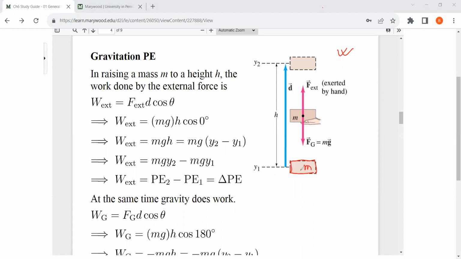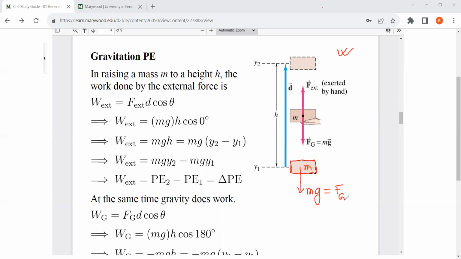Because it has mass, you know that it has a gravitational force or weight, and the weight is m times the gravitational acceleration. So when we have an object whose mass is m, the weight or the gravitational force is m times the gravitational acceleration, right?